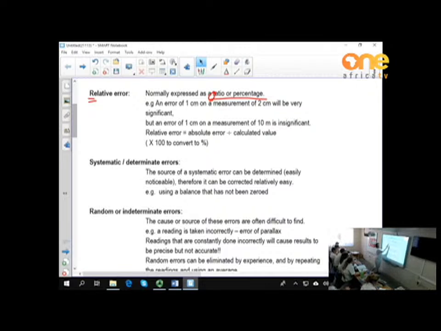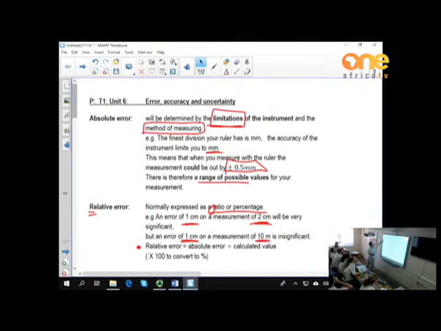An error of 1 centimeter on a measurement of 2 centimeters will be very significant. It's a 50% error. Okay? But an error of 1 centimeter on a measurement maybe of 10 meters, all right, is fairly insignificant. You follow me? All right. So, we say a relative error can be calculated as the absolute error, in other words, the reading that you've taken that is limited by the instrument and your method of using.